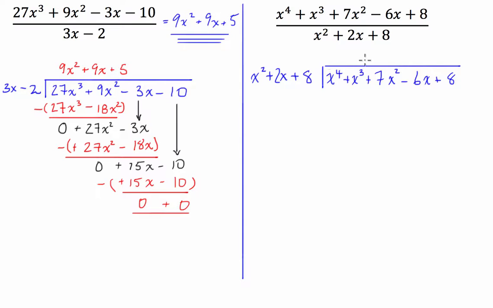So you can see here that we have 3 terms in our divisor. Now this isn't going to make any difference to the steps that we have to follow, and you'll see why in a second. So let's get straight to it.